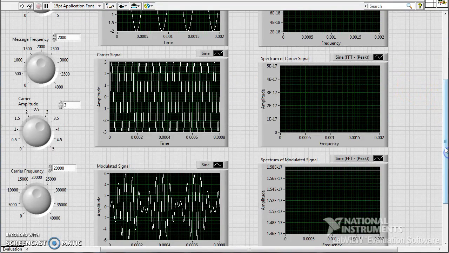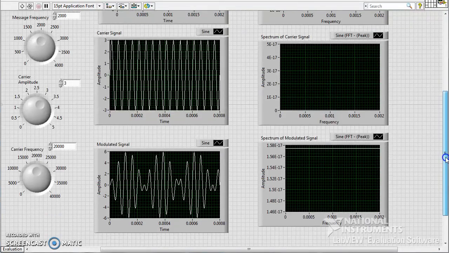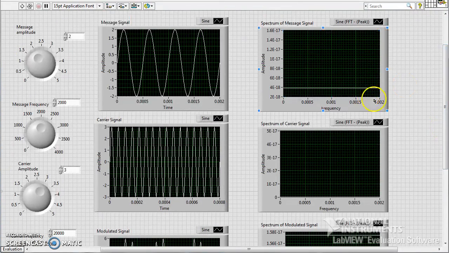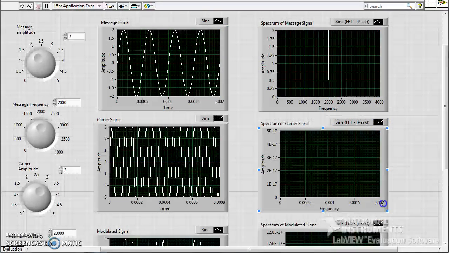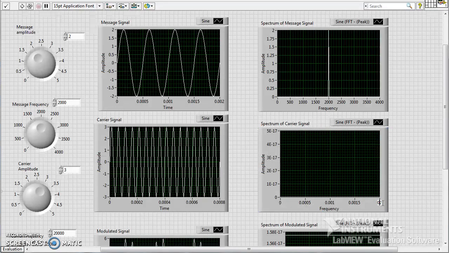Frequency versus amplitude for all the 3 plots. Change the scale. Since the message frequency is 2000 Hertz, let me change it to 4000 Hertz. Yes, you could see the plot over here, an impulse function exactly at frequency 2000.